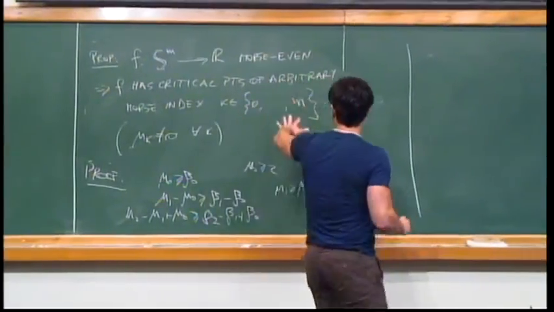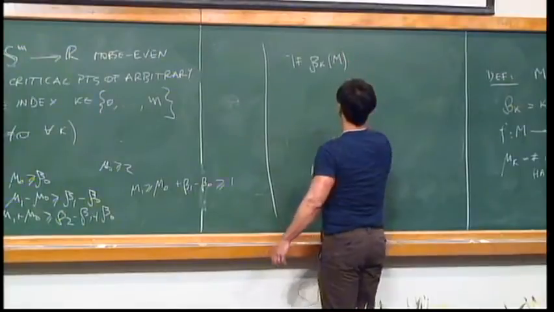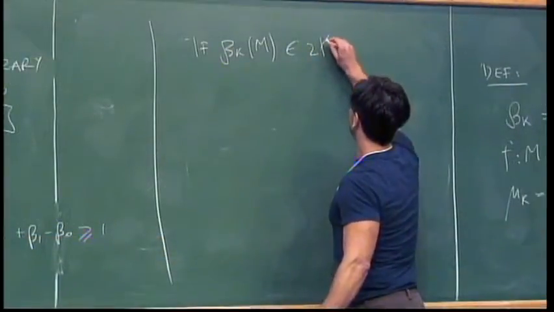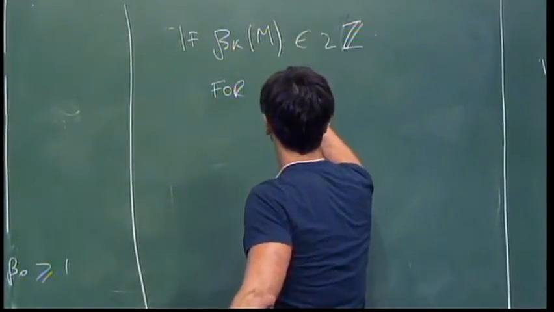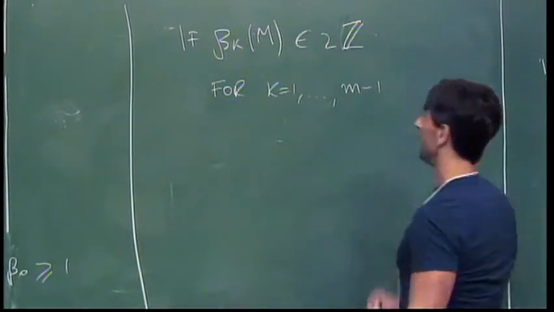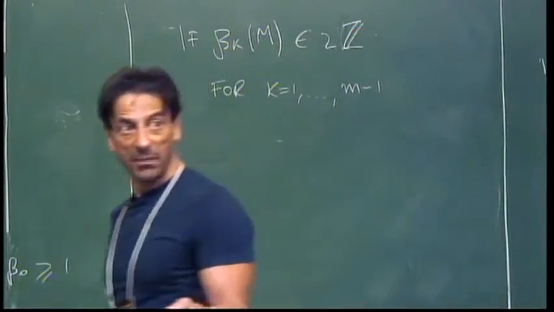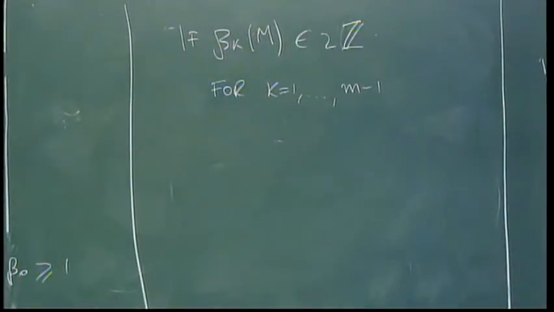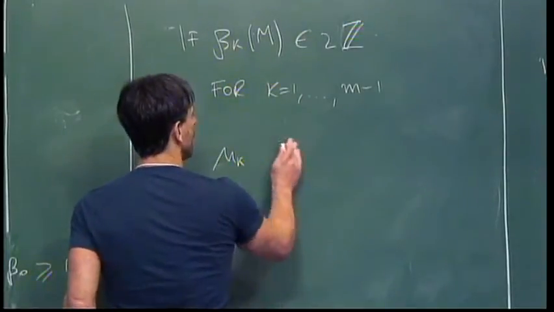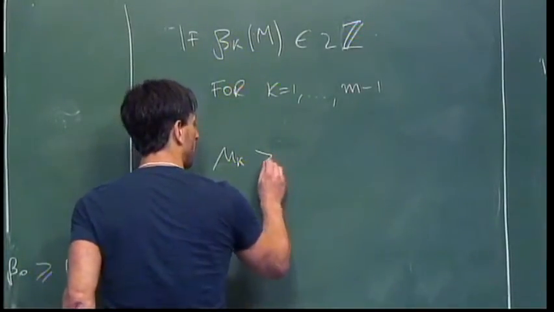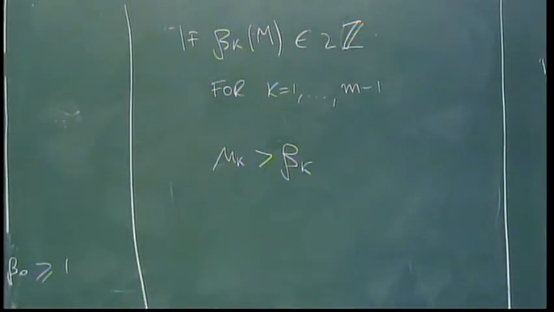So in general, if you have a manifold which has all its Betti numbers even, then a Morse even function on such a manifold has mu k, which is not only greater than or equal to beta k, it's actually strictly larger than beta k for all k, okay?